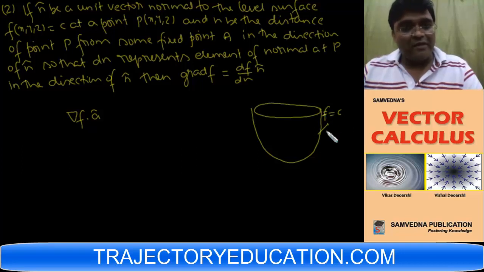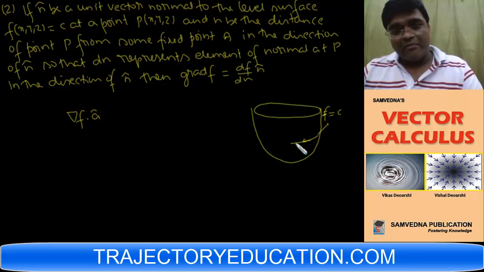So it means if I am moving on a curve which lies on the level surface, I don't find a change in f. If I am at some point on the level surface and I draw a curve on the level surface, then I am moving along the curve.